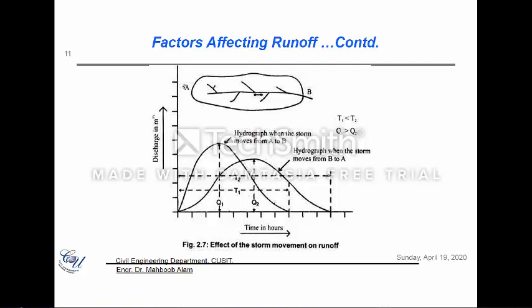Now you see, when the storm, or let's say the precipitation process, is occurring here and then it is moving in this direction, by the time the storm moves in this direction, anything that is falling here is directly going out of the catchment, and you are observing that thing. And because it has already rained here, after some time, or let's say very quickly, this water would also be reaching here.